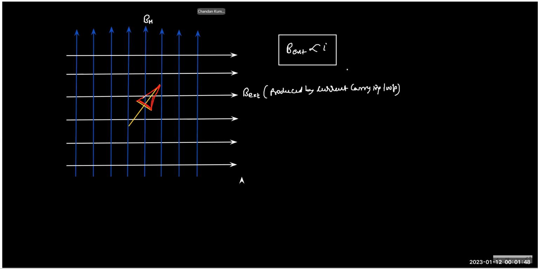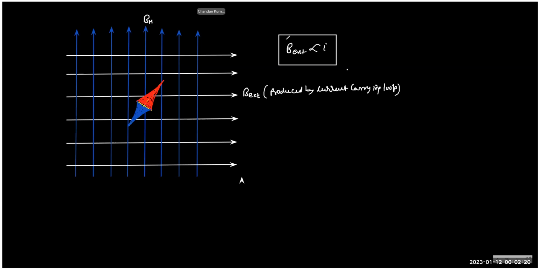One color is taken as north, the other color is taken as south. It's a very tiny needle. I am just drawing it bigger, like this. And now why have I drawn it like this?